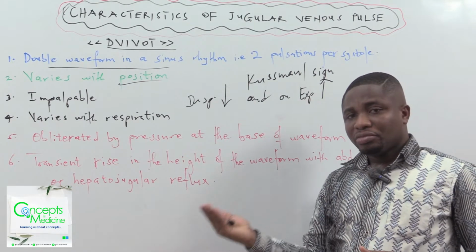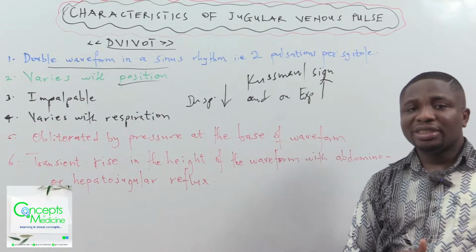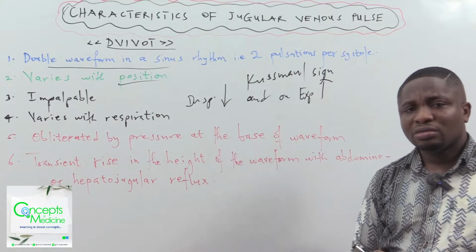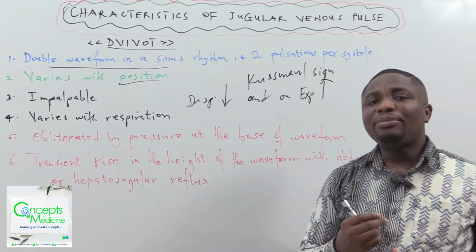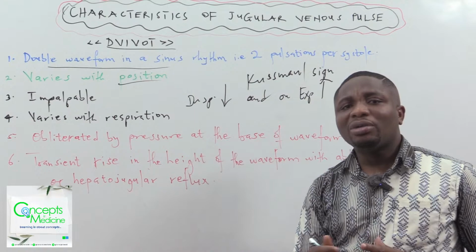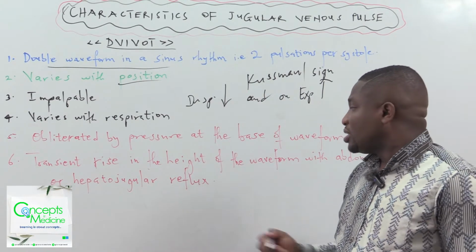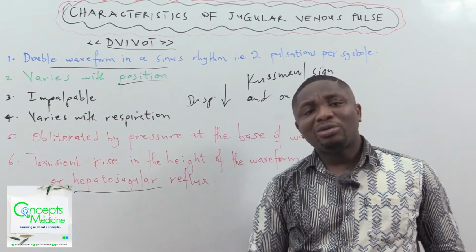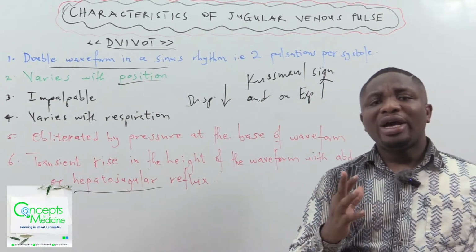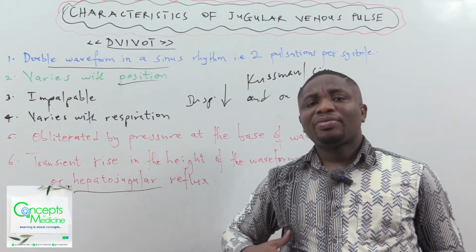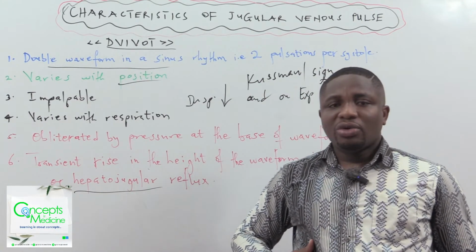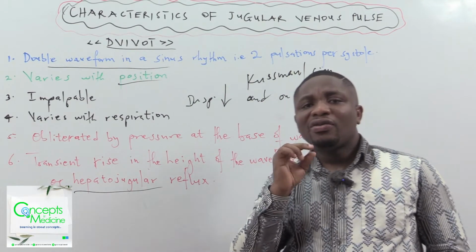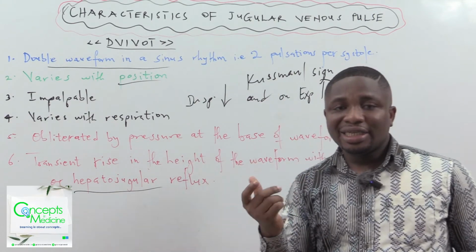Then finally, the last characteristic, as we already mentioned, is a transient rise in the height of the jugular venous pulse waveform with abdominal or hepatojugular reflux. What do we mean by hepatojugular or abdominojugular reflux? With hepatojugular reflux, when gentle pressure is applied at the right costal margin, we expect to see a rise in the jugular venous pressure for a short period, usually less than 10 seconds.